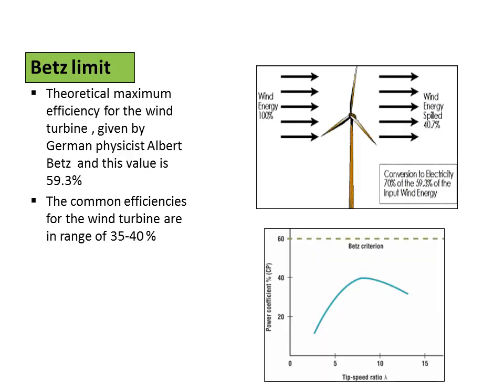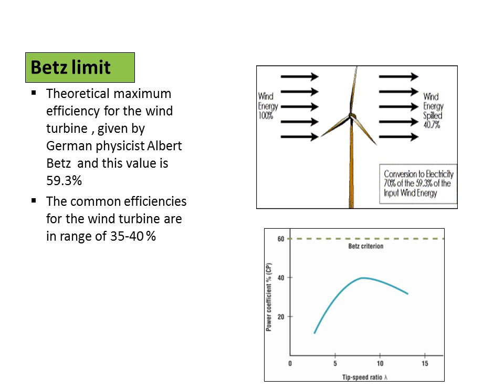Now let's discuss one of the important parameters in the calculation of wind power, called the Betz limit. The Betz limit is a theoretical maximum efficiency for a wind turbine, given by the German physicist Albert Betz, and Betz concluded that this value is 59.3%.